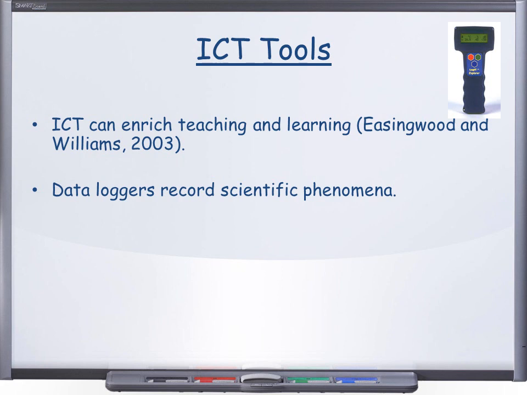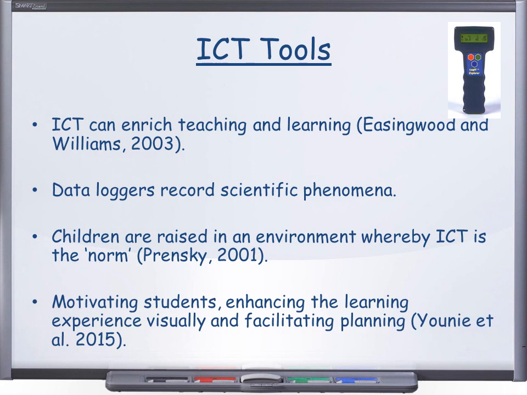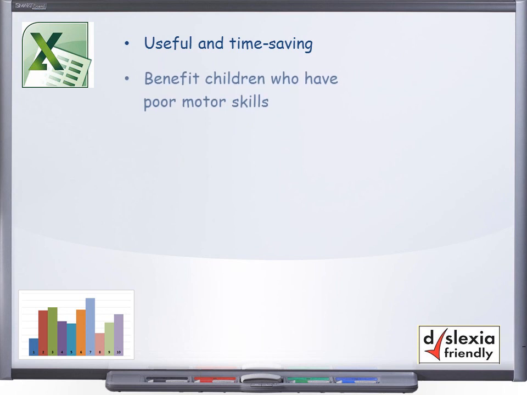Good pedagogy would build upon what children already know and understand, and to children, technology is part of normal everyday routine. There are numerous reasons for using ICT within our classrooms, including motivating students, visually enhancing the learning experience, and facilitating planning. Physically drawing graphs and charts can be quite laborious for children, particularly for those who have poor motor skills.